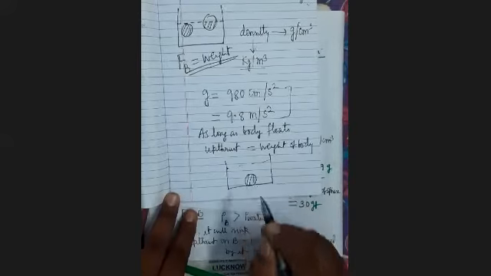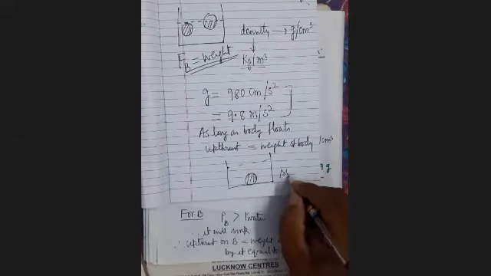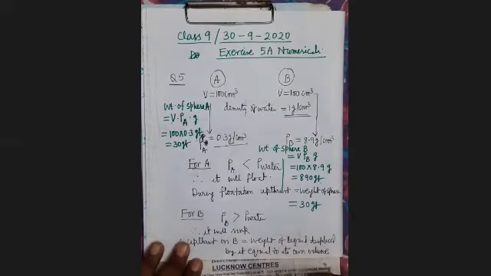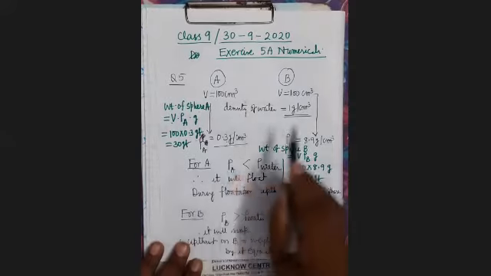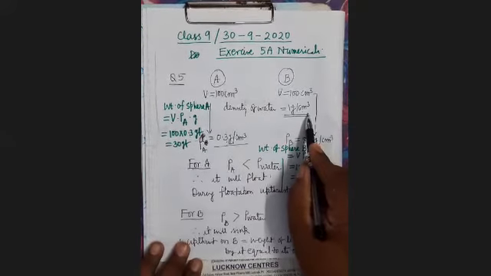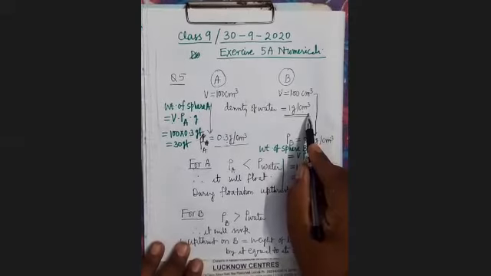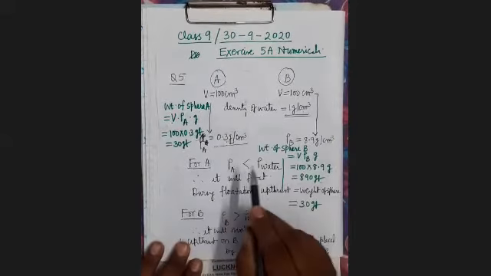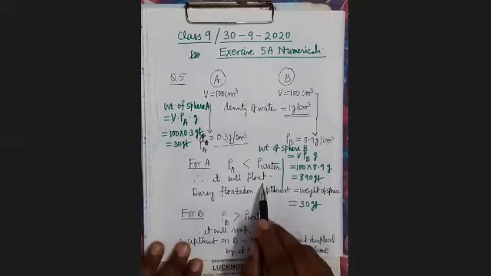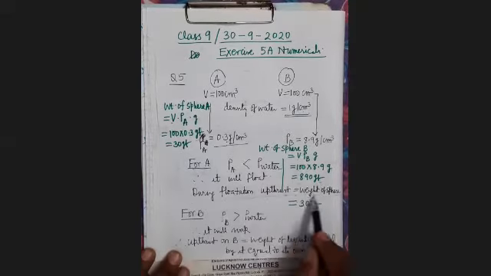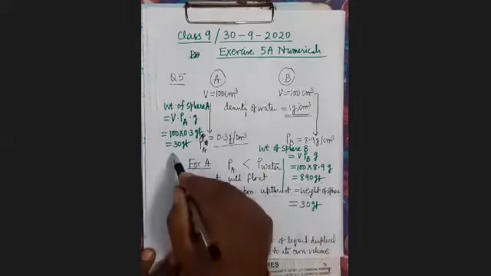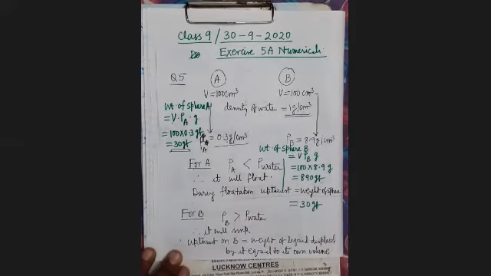So you can see here its density is smaller than the density of water. Therefore, it will float. And it is floating. So what will be the upthrust? The weight of sphere A, which you have calculated as 30. So upthrust will become 30 gram force.